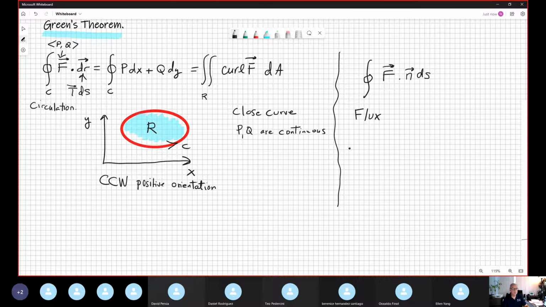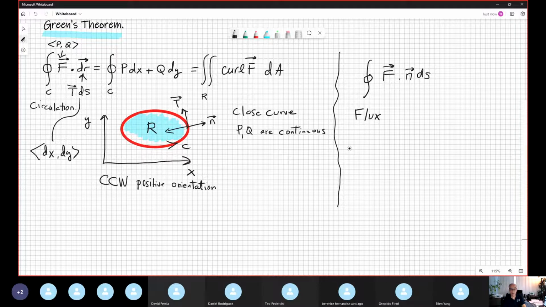Another possibility is dx dy. In this case, in the flux integral, the tangent does not participate, the normal participates, so no tangent but normal vector, because I want to find the flux, which is the amount of vector field that goes out or in, depending on the orientation that you want.